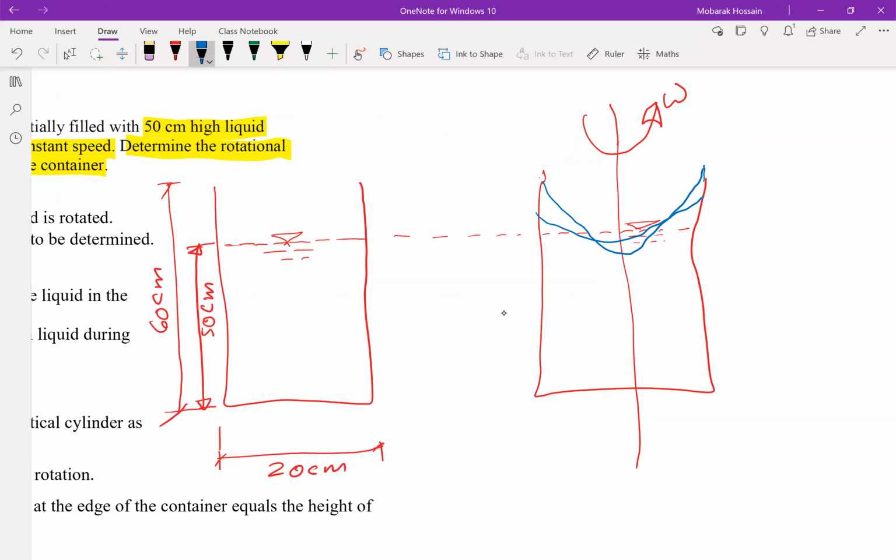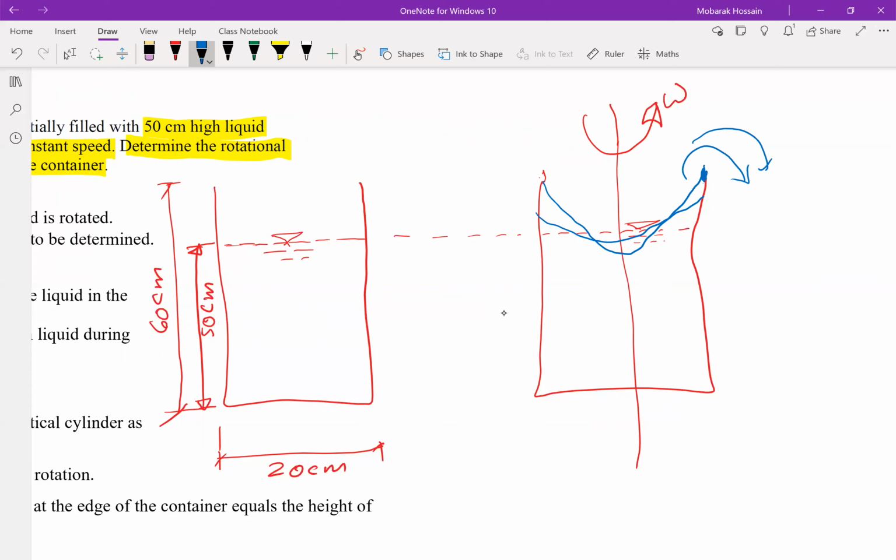So when your speed reaches a point, due to the rotation, that the liquid reaches the edge of the container, it will start spilling. So we need to find out at which speed it will start spilling.